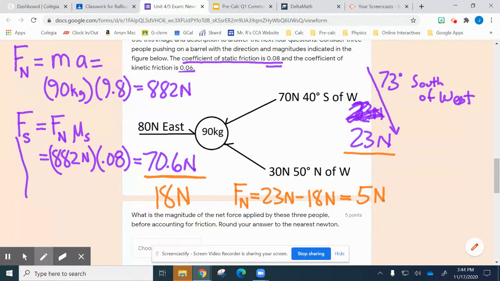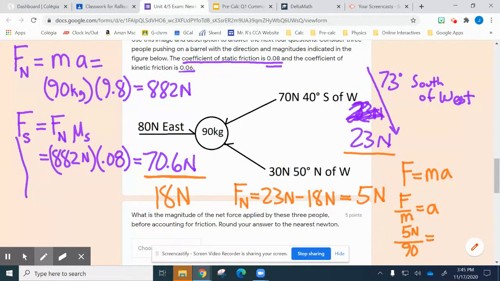And now you're asking, if it had 5 net newtons, how fast would it accelerate? And we finally make it back to our good old equation F equals ma. The force divided by the mass equals the acceleration. The net force is 5 newtons, and the mass is 90 kilograms.